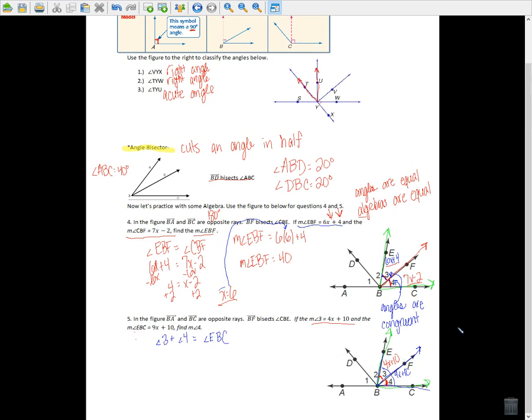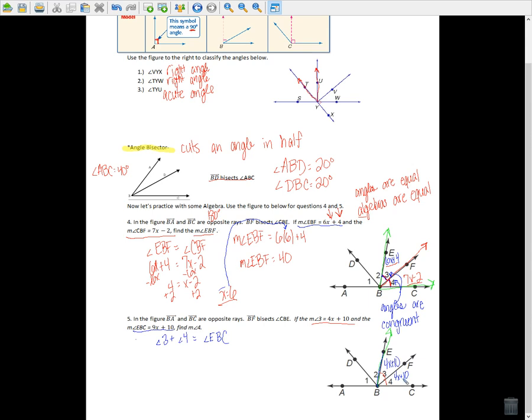So since these are equal to each other, I want to make angle 4 the same as angle 3.